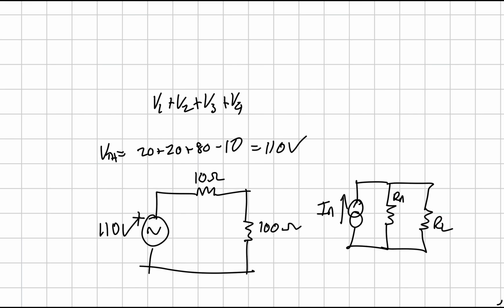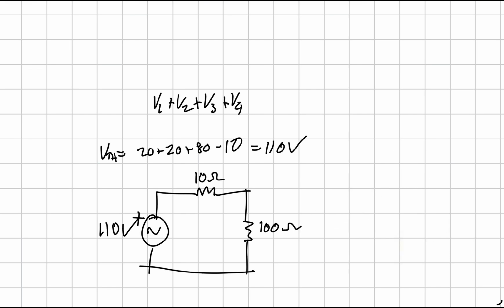You can take this a bit further by trying to find the load voltage, for which you need to know the load current equation, which is, oh sorry, the Thevenin's voltage over the Thevenin's resistance plus the load resistor.